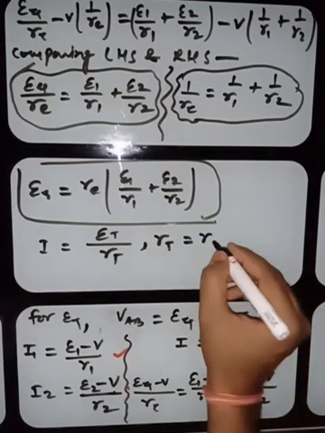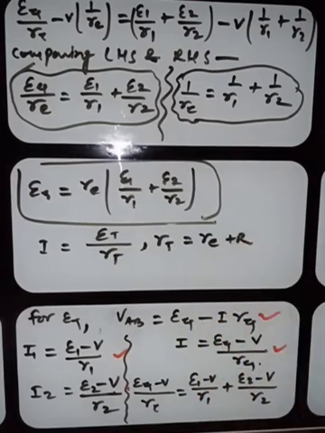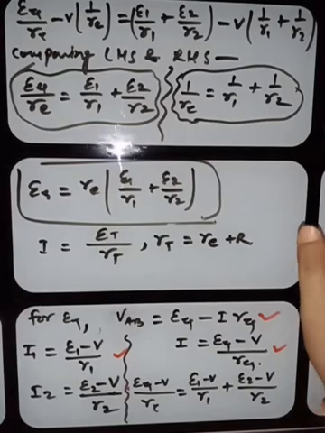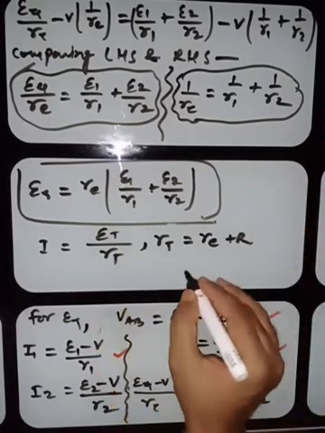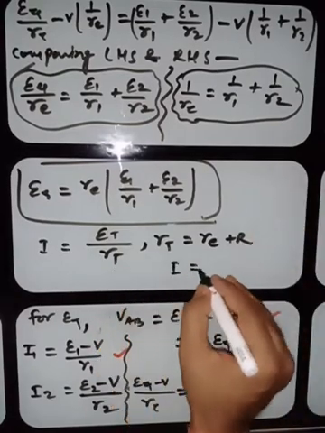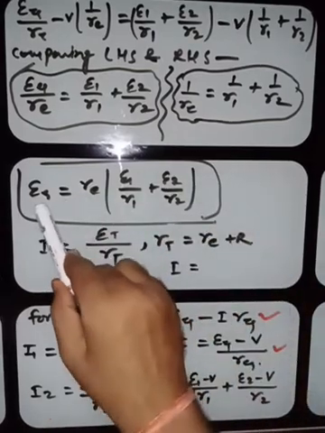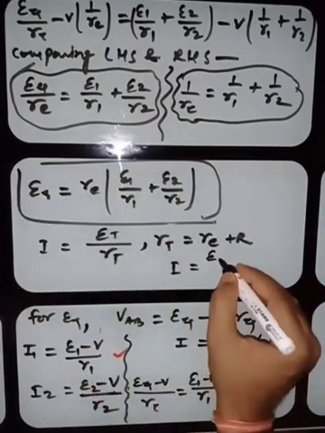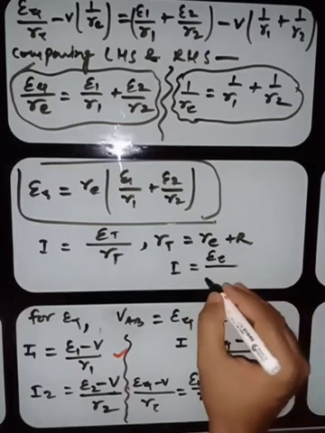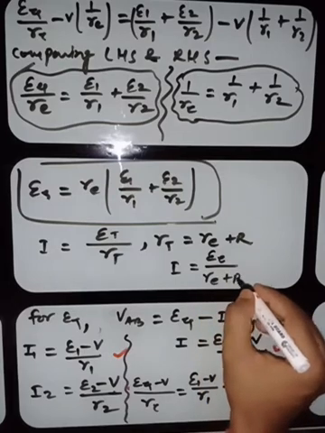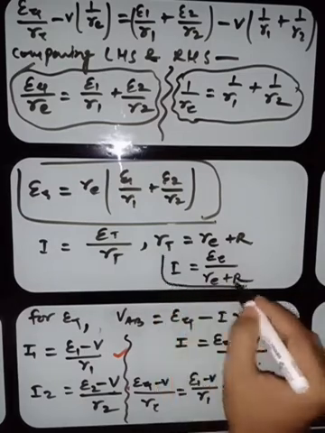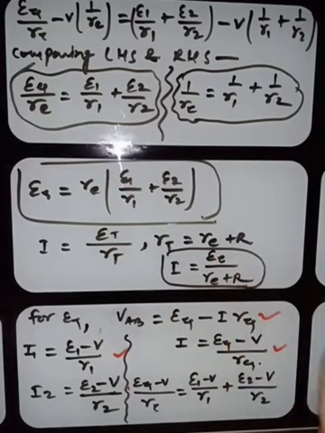So it is R equivalent plus R. I hope you are getting it. And what is E total? So E total is E equivalent. So I is E equivalent by R equivalent plus R. This is the current in the network.